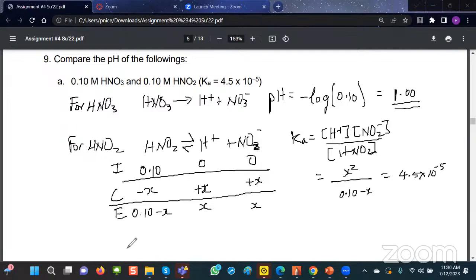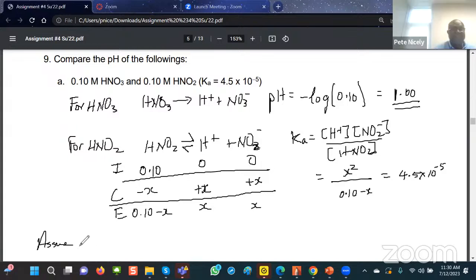We make the assumption that X is like nothing because K is very small. So we assume that X is so small compared to 0.10. Therefore, 0.10 minus X is approximately equal to 0.10.